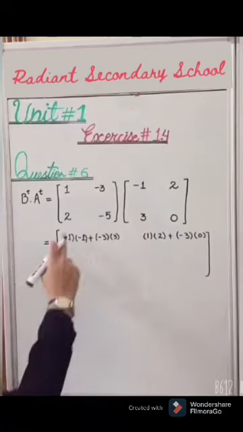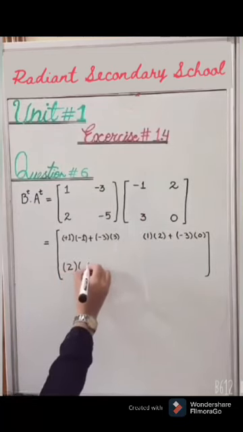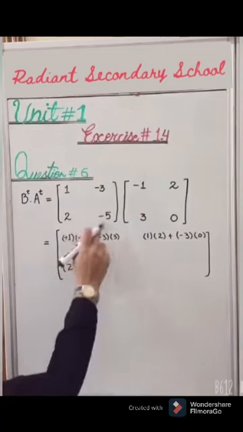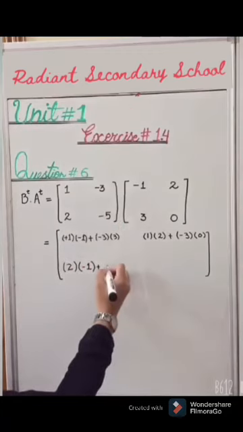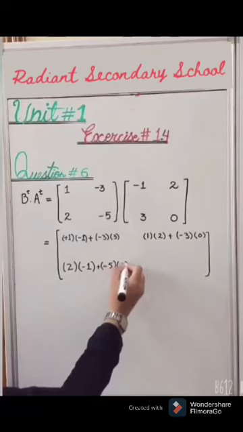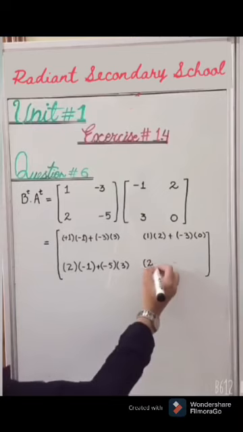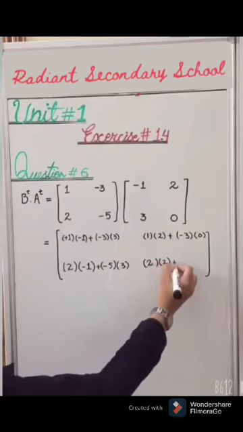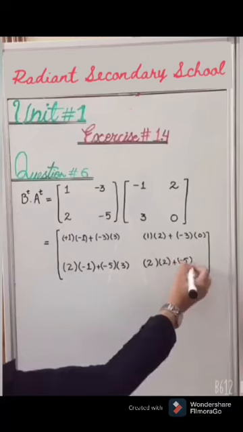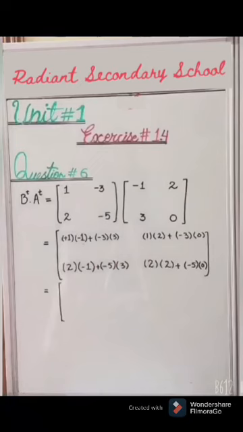Similarly, second row first column: 2 into minus 1 plus minus 5 into 3. Second row second column: 2 into 2 plus minus 5 into 0. Now we will solve this matrix again.